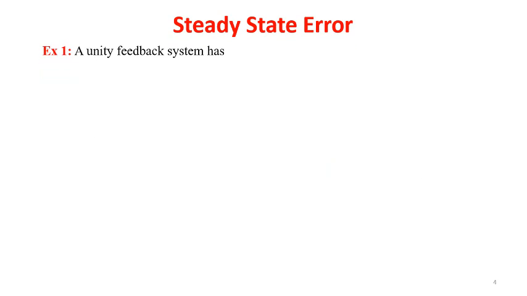Let's take an example. Here a unit feedback system has G of S equal to 40 times (S plus 2) whole divided by (S plus 1)(S plus 4).